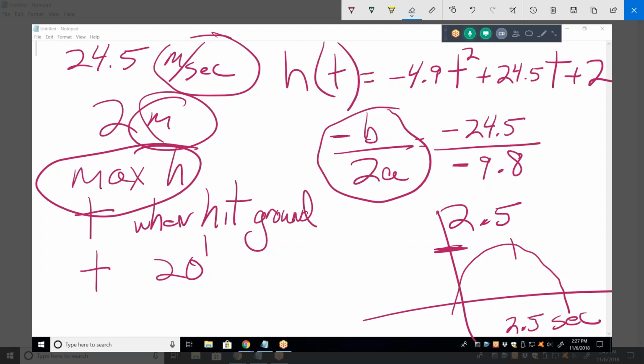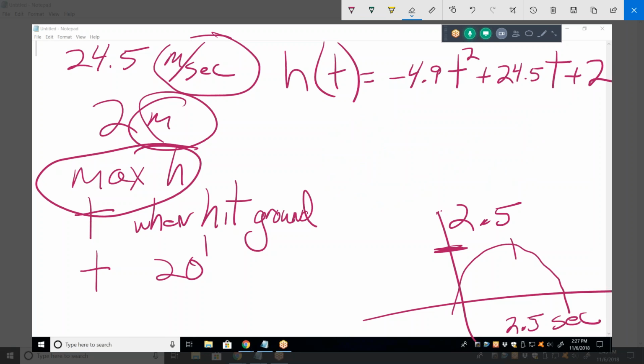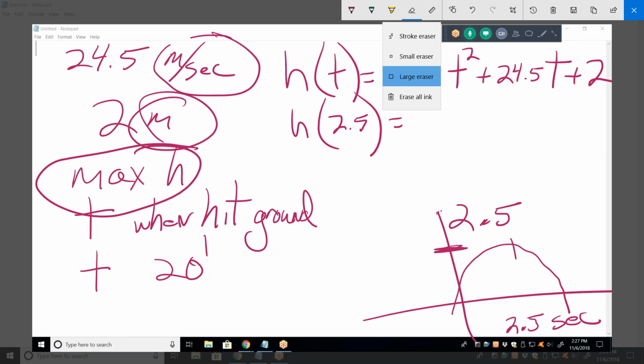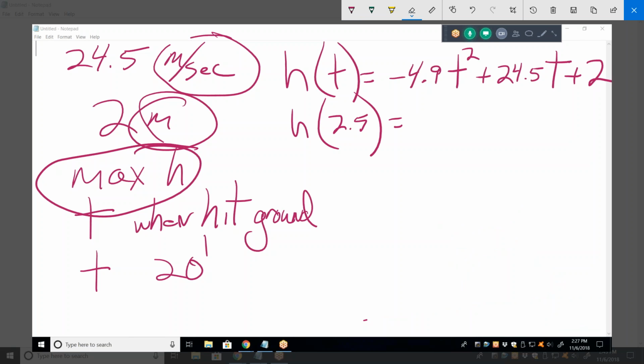So you take, if I write it properly, it's the same thing as h of 2.5. So that would be negative 4.9 times 2.5 squared plus 24.5 times 2.5 plus 2.